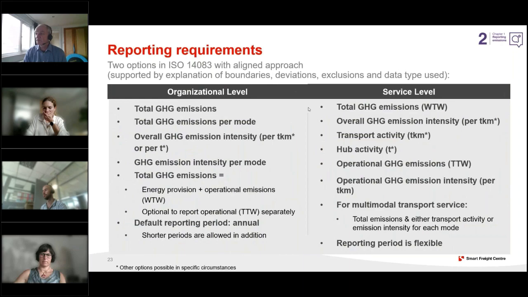The reporting requirements within ISO 14083 are largely split into two.